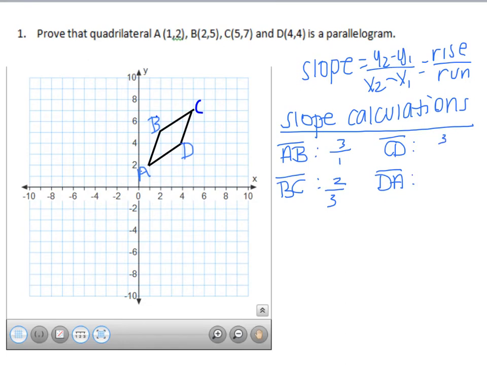CD up 3 over 1. And DA is going up 2 over 3. We have exactly what we need. We have 2 sides that match, and look at the picture, they look parallel. And another 2 that match. So we know we did everything correctly, we just have to write our conclusion.